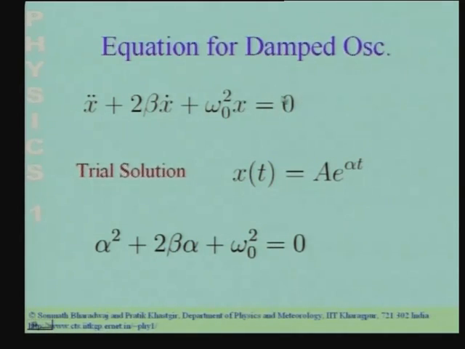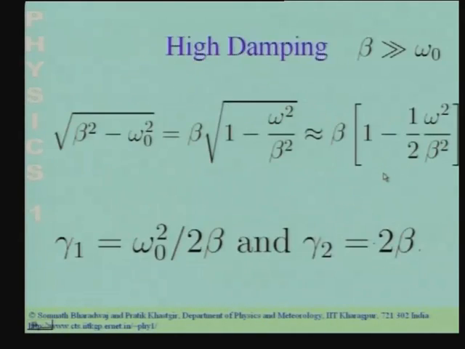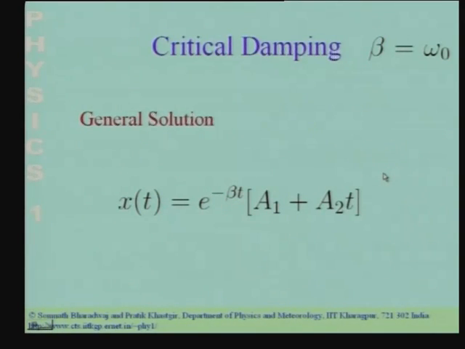The difference now is that the solution is not just an exponential, you have to consider a different kind of solution, which is what is shown over here. So, when you have a critically damped oscillator, you only have one root, that is beta, which is equal to omega naught, but you now have to consider a solution e to the power minus beta t into a constant plus a2 of t. So, this constant is a1 plus another constant into time.